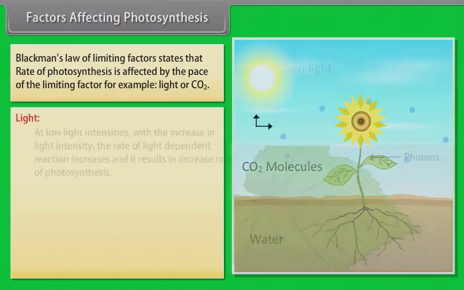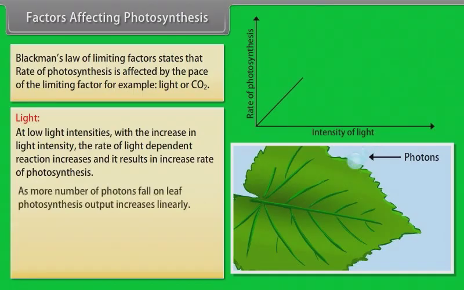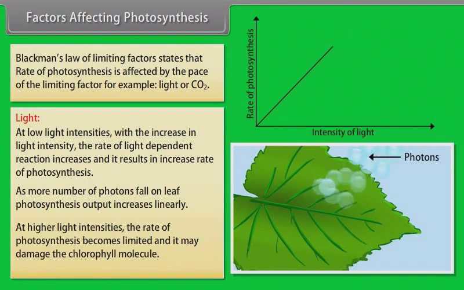At low light intensities, with the increase in light intensity, the rate of light-dependent reaction increases and it results in an increased rate of photosynthesis. As more photons fall on the leaf, photosynthetic output increases linearly. At higher light intensities, the rate of photosynthesis becomes limited and it may damage the chlorophyll molecule.